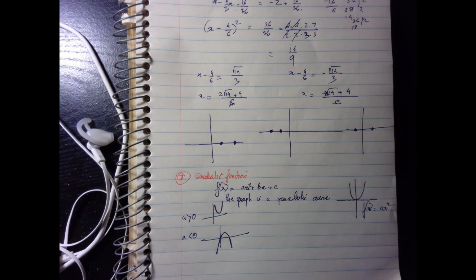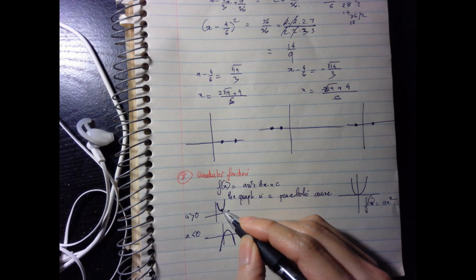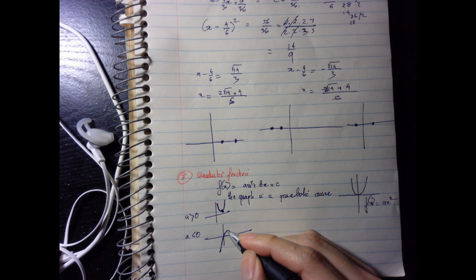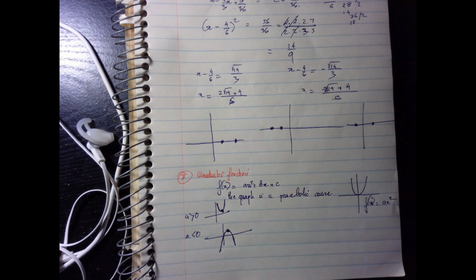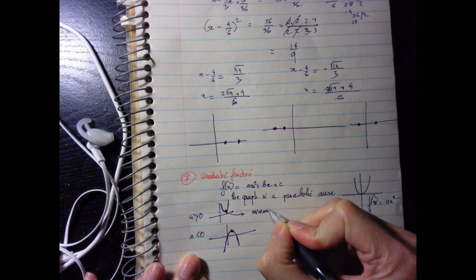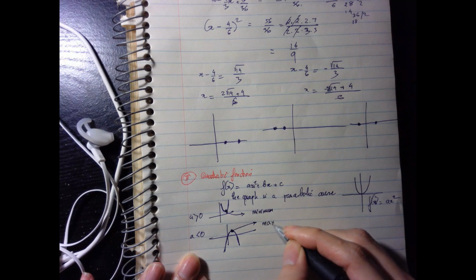So you see in the picture I have here, when a parabola opens up, we have a lowest point, and when the graph opens down, we have a highest point here. The lowest point we call the minimum point, and the highest point we call the maximum point.